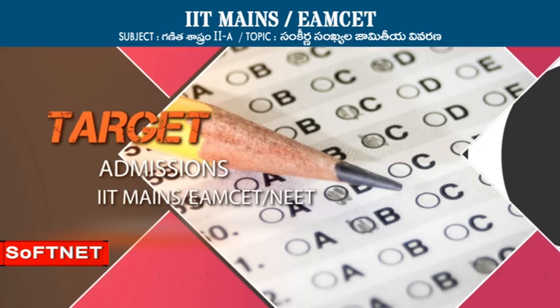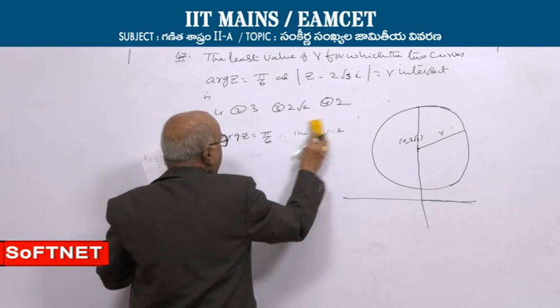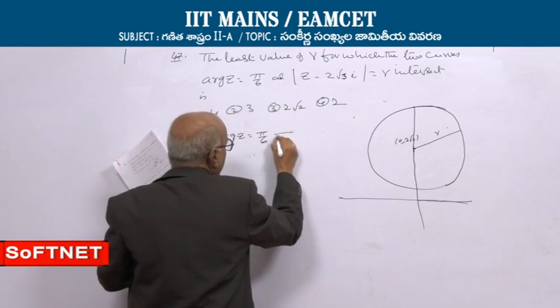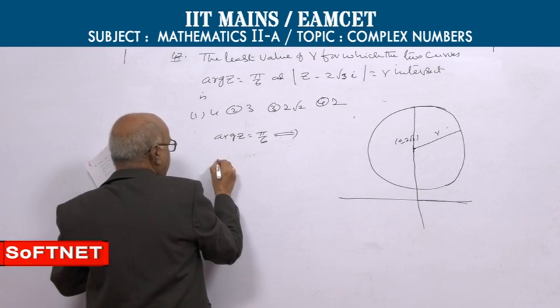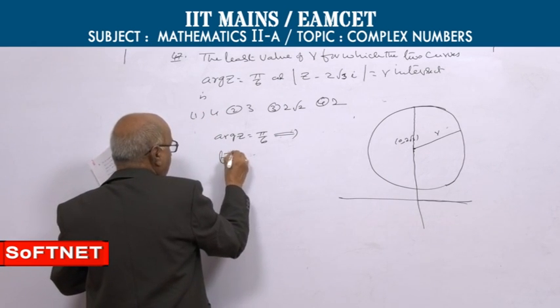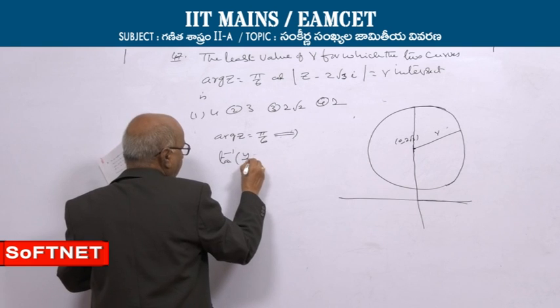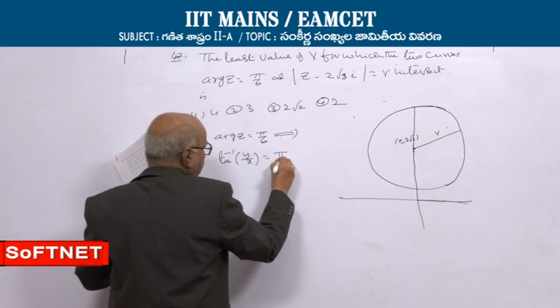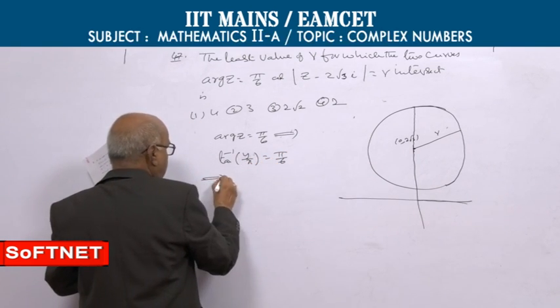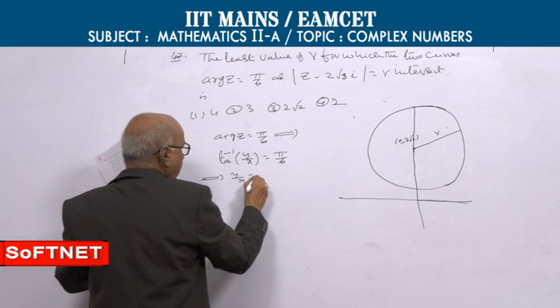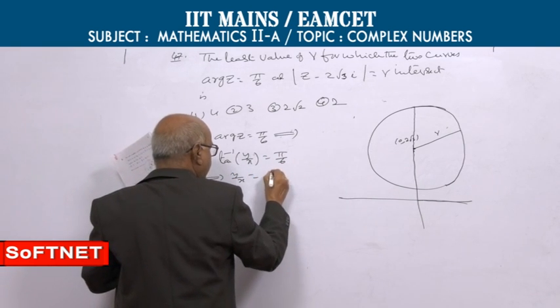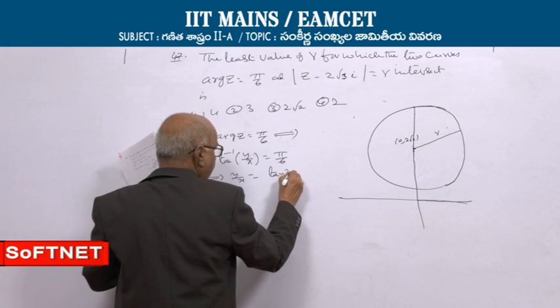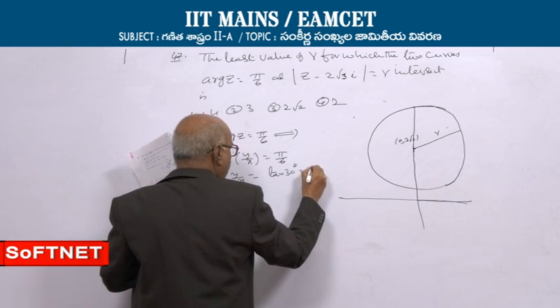Arg z is equal to pi by 6 means that tan inverse y by x is equal to pi by 6. So that implies y by x is equal to tan 30, which is 1 by root 3.